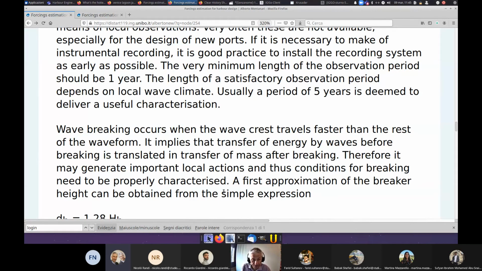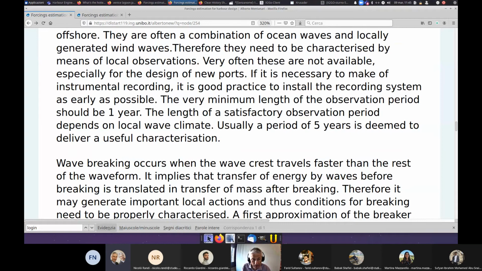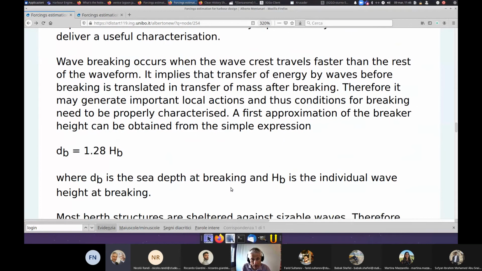Now, first of all, let's focus on what happens to waves, how waves move. You already know this because you studied the dynamics of waves with Professor Archetti. And so waves are originating a transfer of energy.